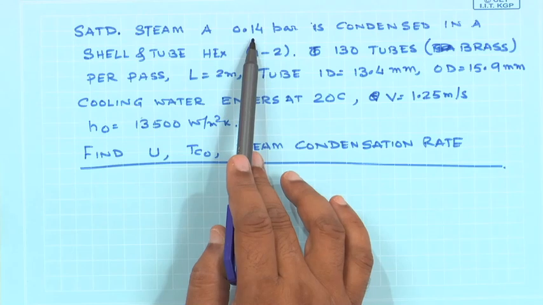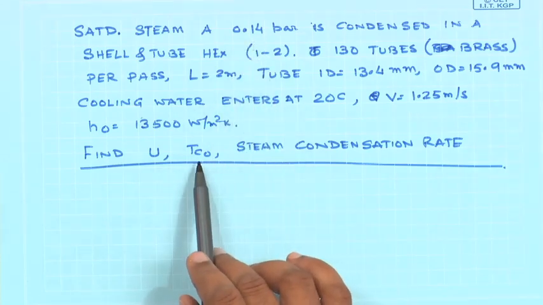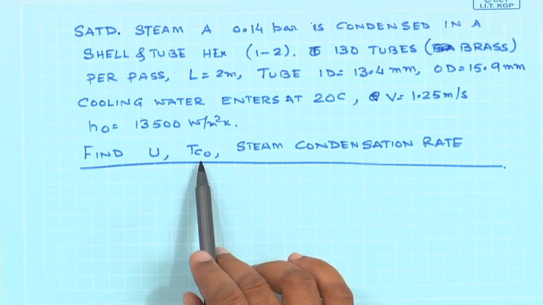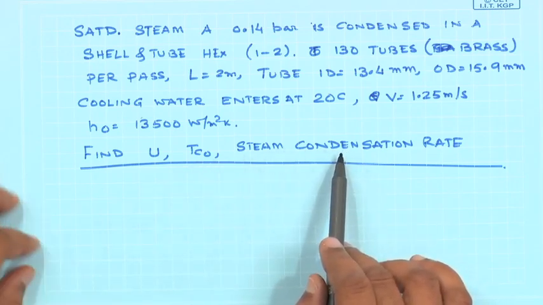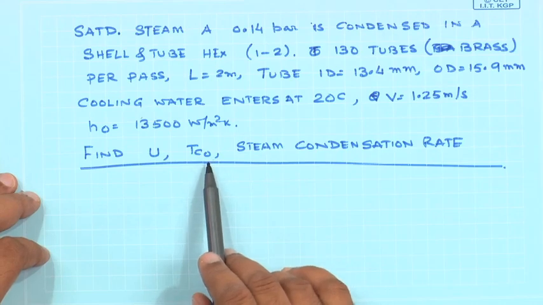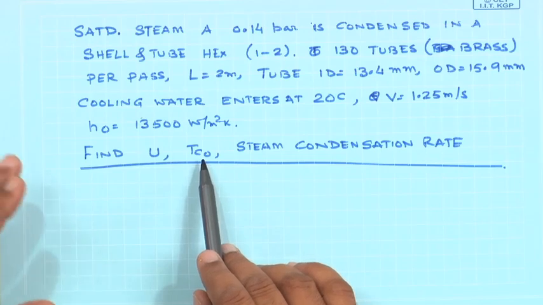However, one of the outlet temperatures is unknown and the steam condensation rate is also unknown. So, a simple LMTD would not give us the temperature of the cooling water. It would require an iterative procedure.